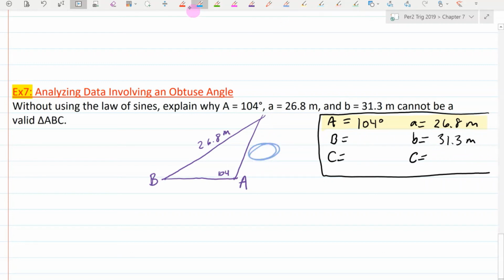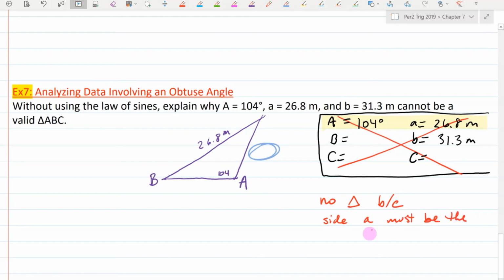It's impossible. So there's no triangle here because that side A must be the longest side if angle A is obtuse.